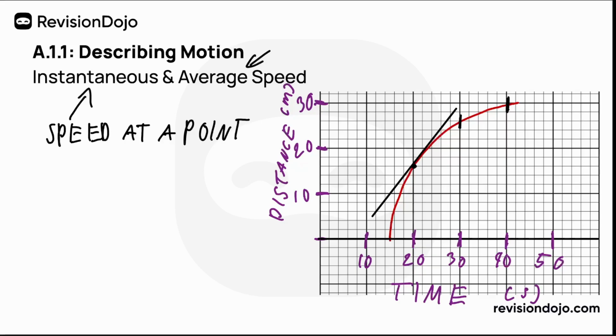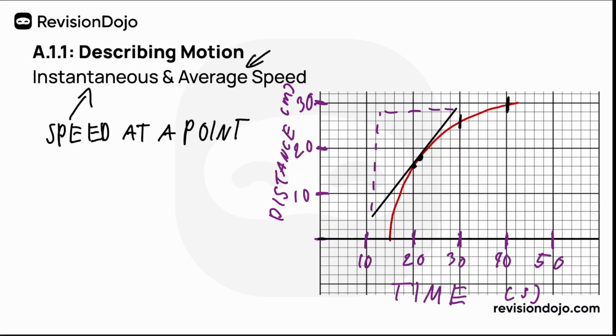That line must pass through that point and that point only, and it just touches the graph and goes along. You are meant to draw these with a ruler. For example, this is not a very good tangent. This is more like the tangent of maybe this point.